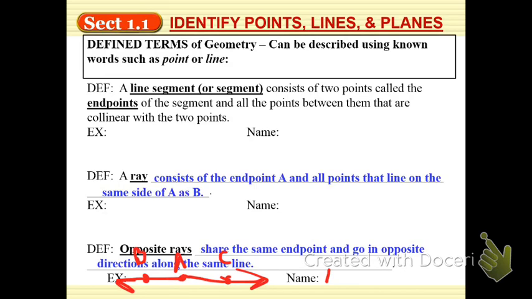So I would name this line AB or line AC. Either one would work. Or I could name it line BC. Any of those would work. Okay, everybody have it?